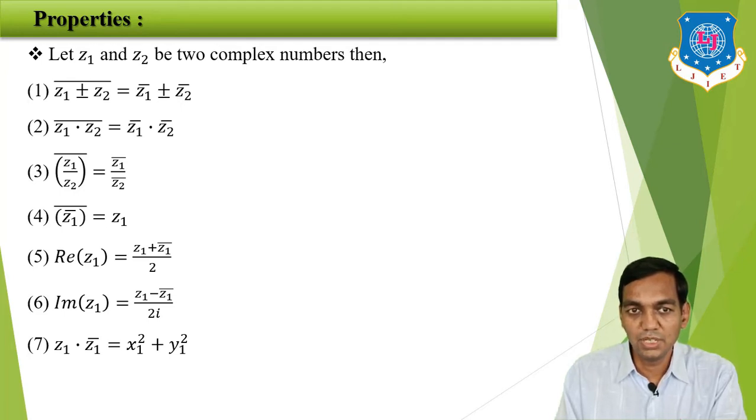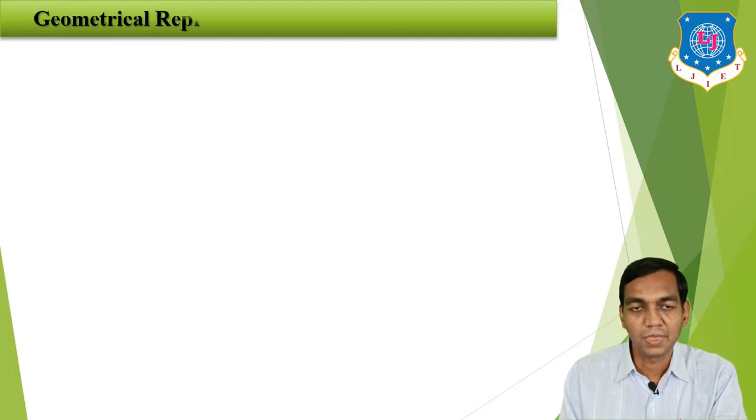Then conjugate of z1 conjugate is z1 itself. Real part of z1 is z1 plus z1 bar upon 2, and imaginary part of z1 is z1 minus z1 bar upon 2i. Here we have 2i. And the last and important, z1 into z1 bar is x1 square plus y1 square. Right?